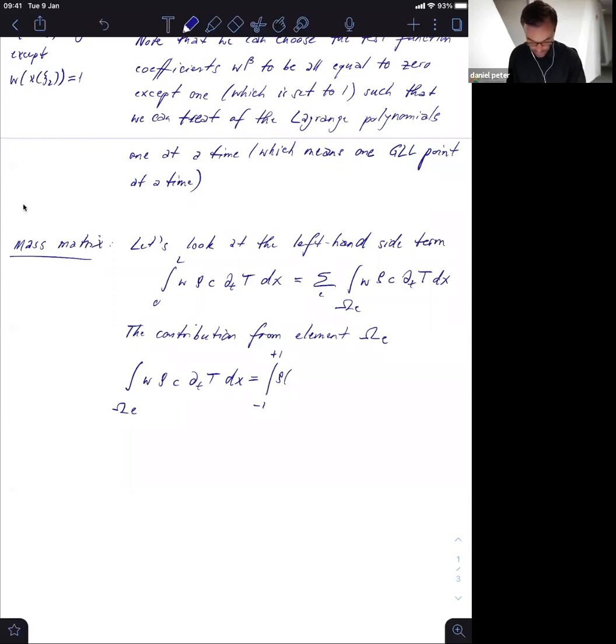Then we have rho, now x becomes a function of xi, the local coordinate, C the same.